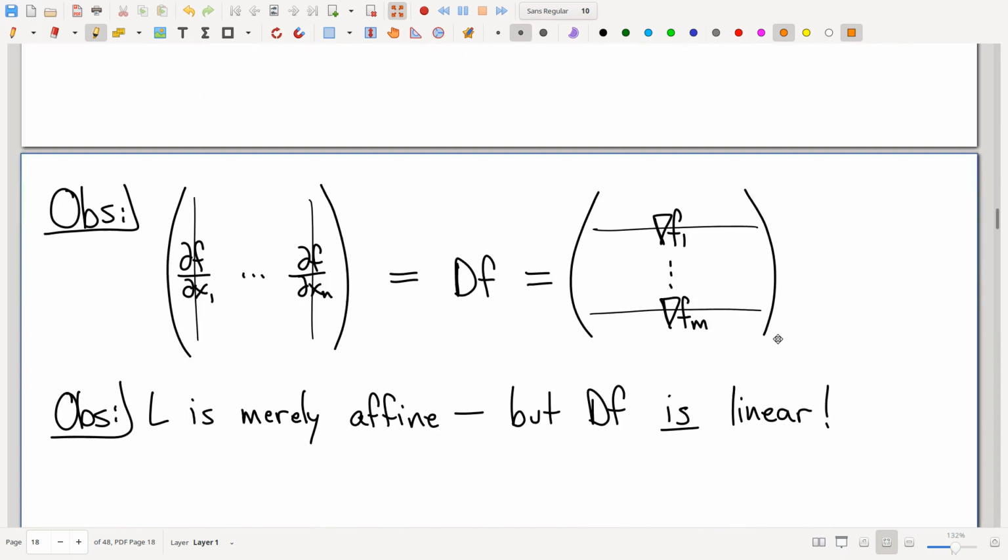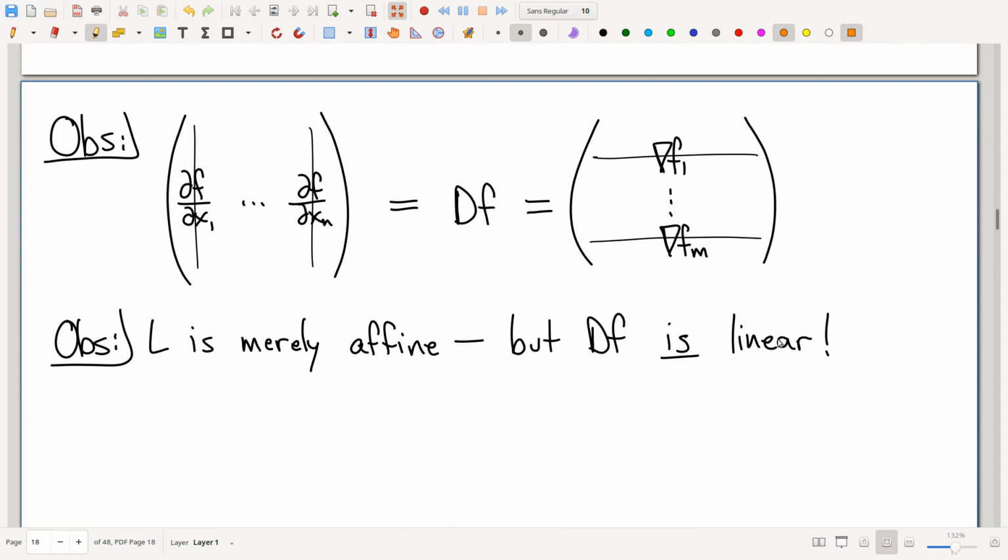Okay, now a couple of really quick observations. The punchline is not only are all of the elements in the first column individually partials with respect to x1, I make the observation that the column itself is the partial of the entire vector valued function f with respect to x1.